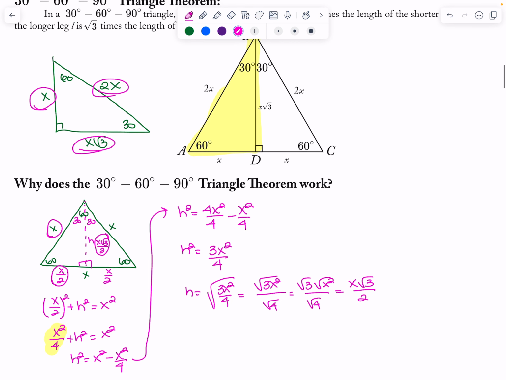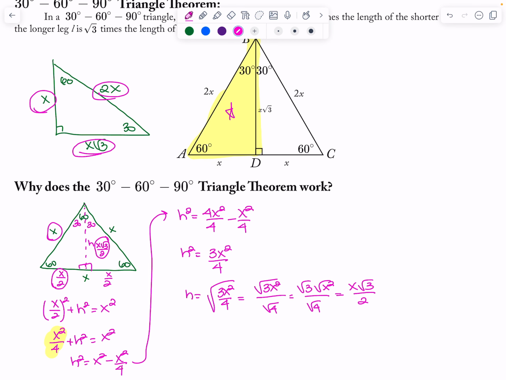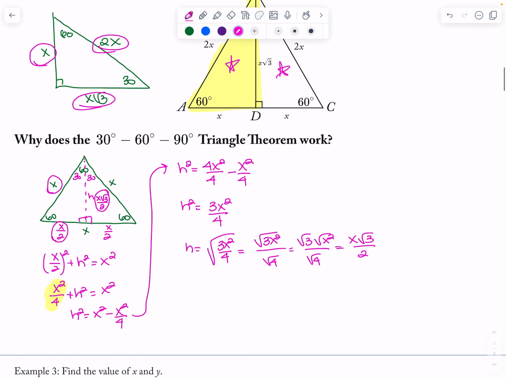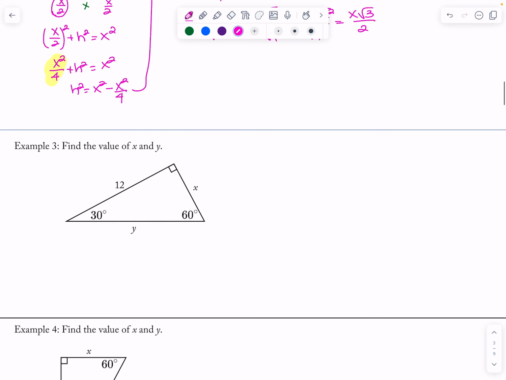In theory, the reason why it also works is because this triangle on the right is congruent to the triangle on the left. And that is pretty easy to prove. But we don't need to necessarily do that.